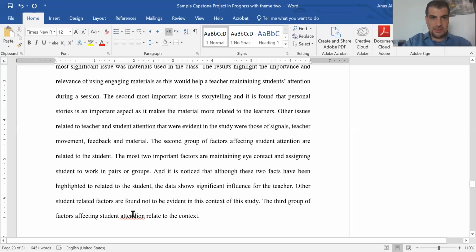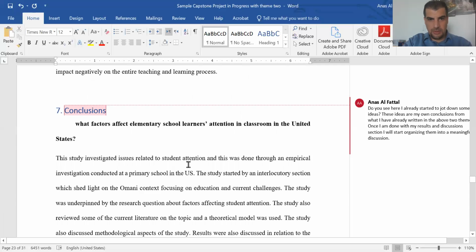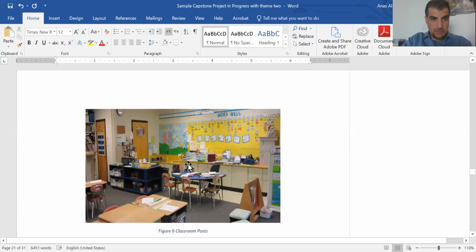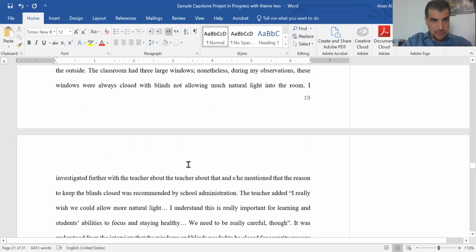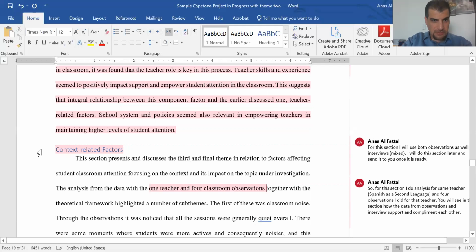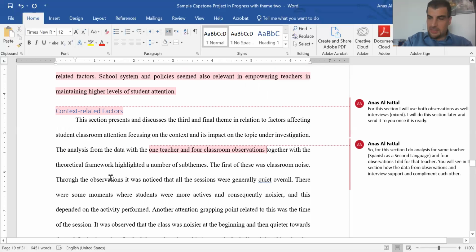Of course, I'm writing this according to what I've already mentioned in my discussion. So you see the title here, context-related factors. Again, I'll have to review this section in order to find what I want to say.